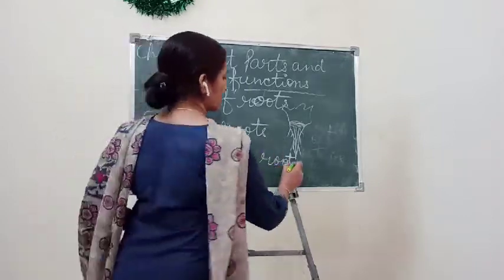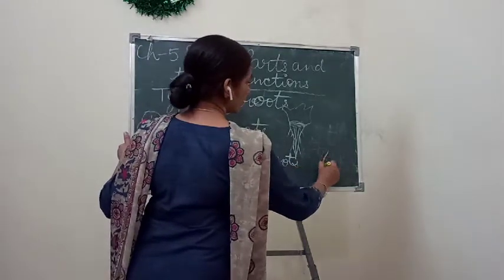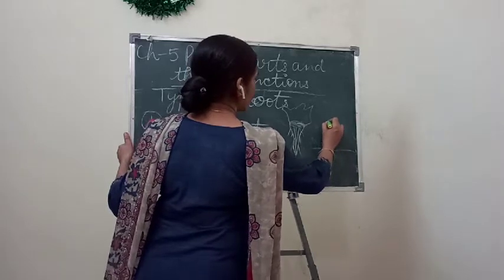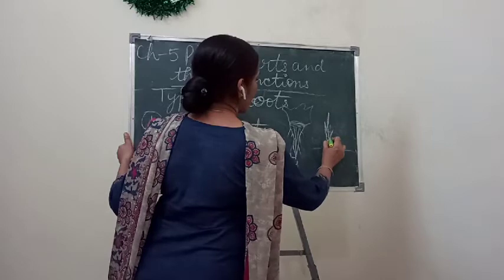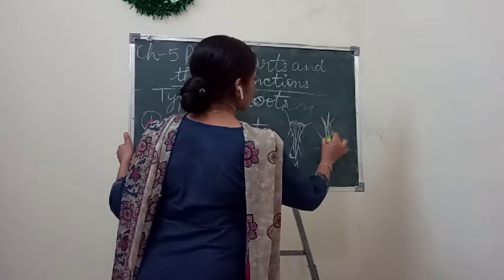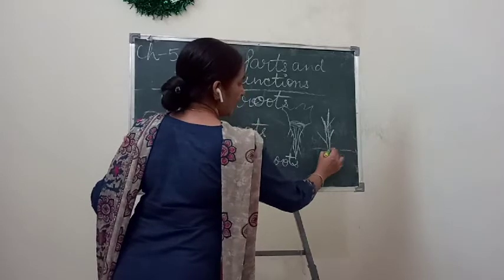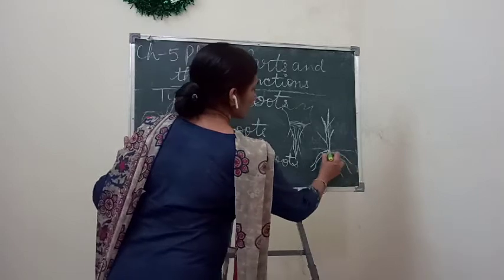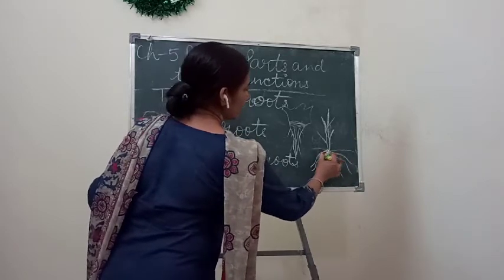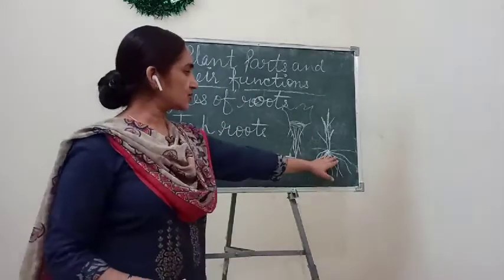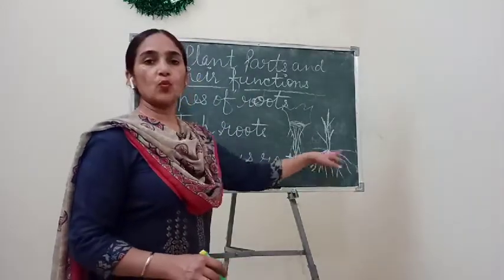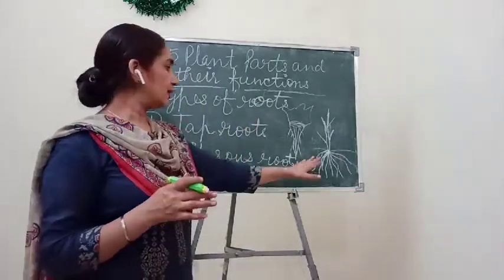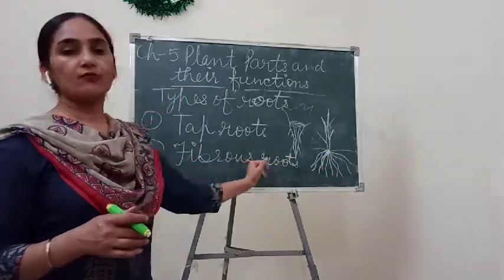Suppose this is the ground level and this is the plant of a grass, and the grass has branches like these, and all the roots originate from a single point in this way. These kinds of roots look like fiber or thread, that's why we call them fibrous roots.